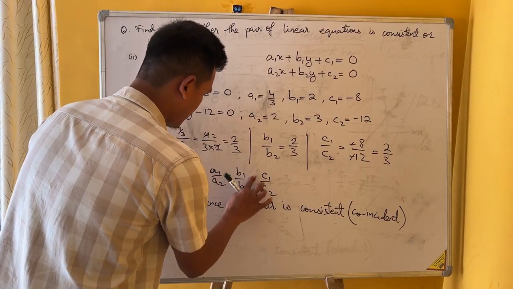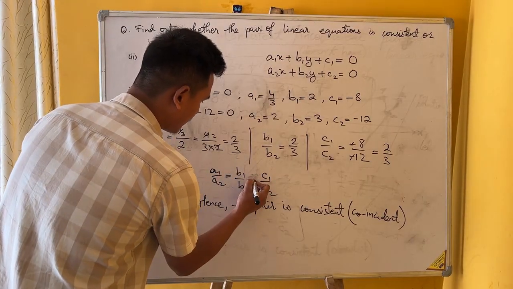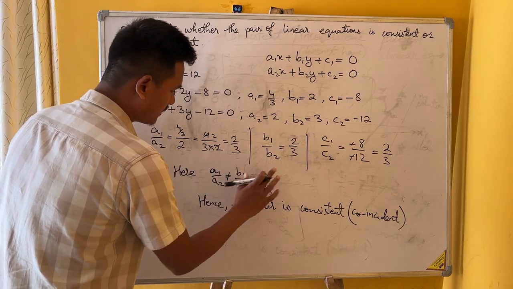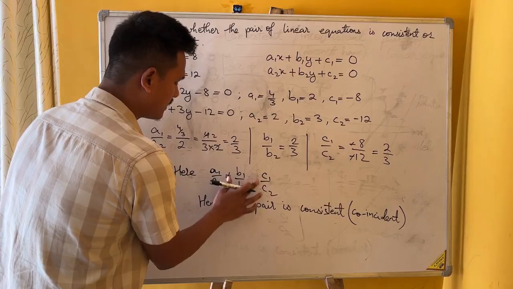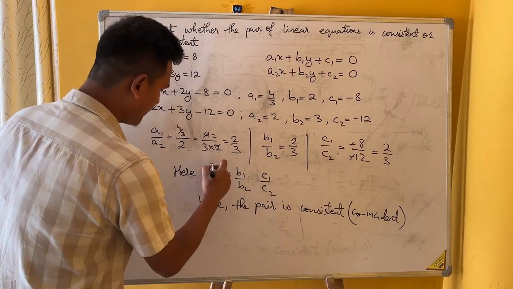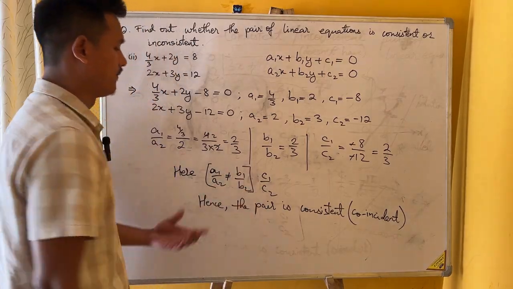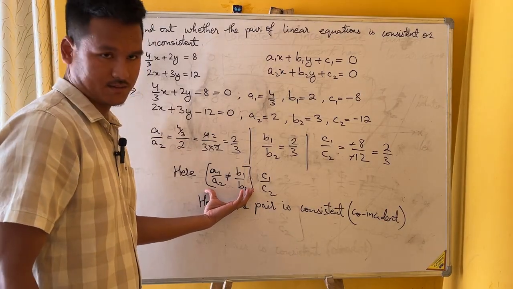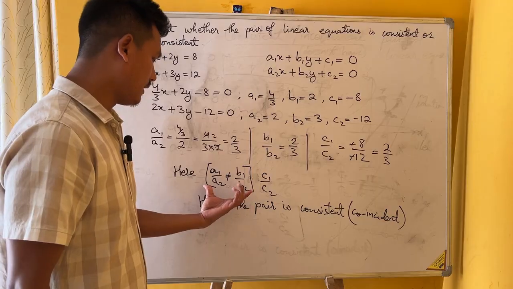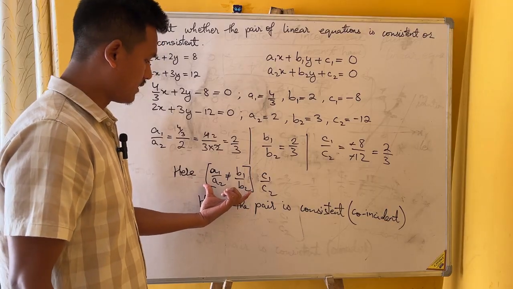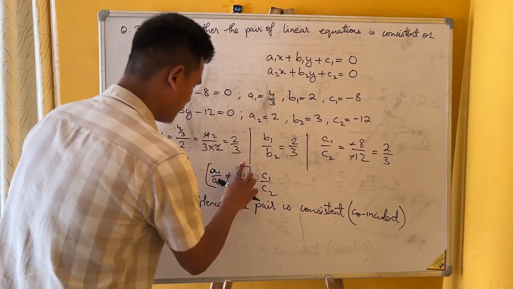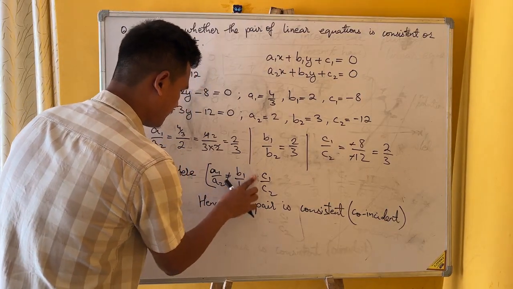And another case: if A1 upon A2 is not equal to this, forget about this one, we won't consider this at all in that case. If this thing happens, then the lines intersect at a point. It means it is consistent, but the lines are intersecting. It has only one solution.